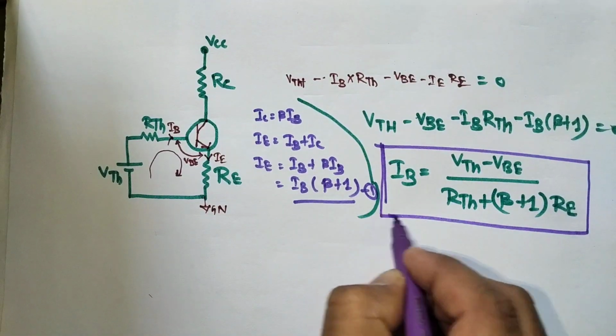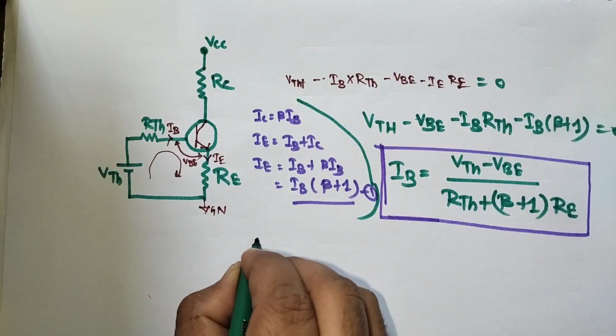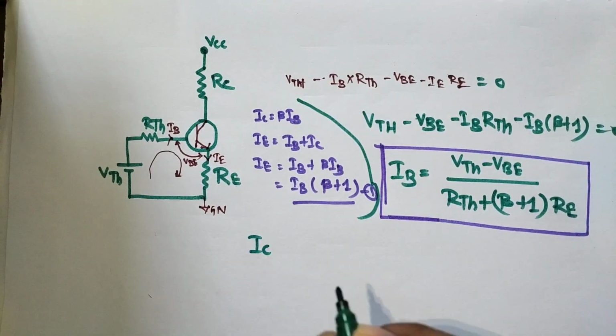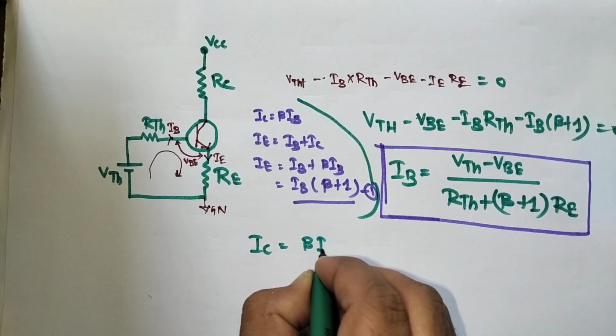Suppose I want to find the final IC. You already know IC equals beta into IB.